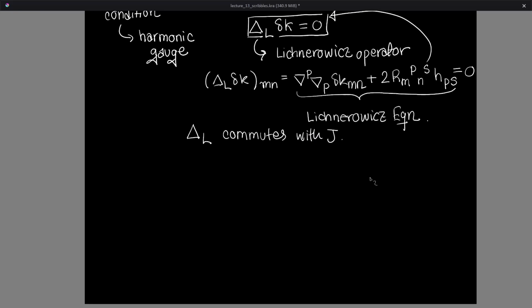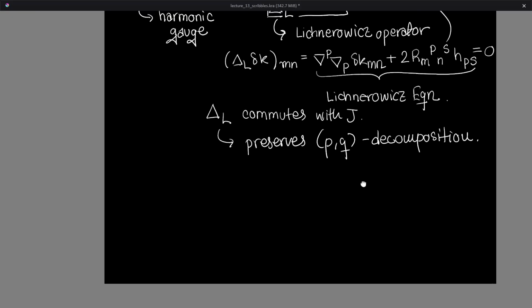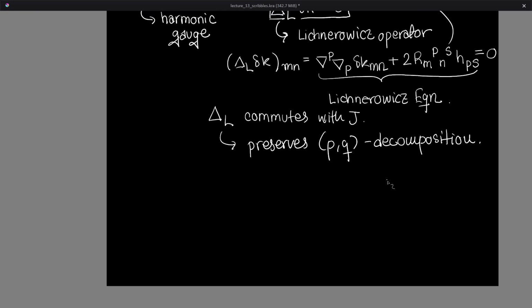Usually when something commutes with the complex structure, what we get is that it preserves PQ decomposition. And this is where we come back to that idea that we had before. We will get two different types of independent deformations, delta K, J, K bar, and these are going to be 1-1 forms.